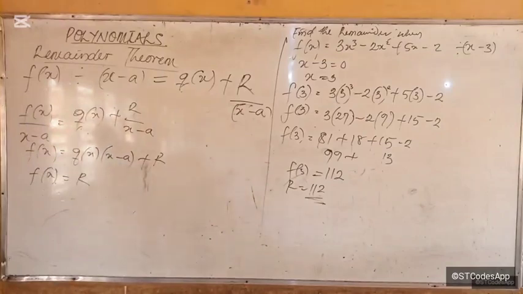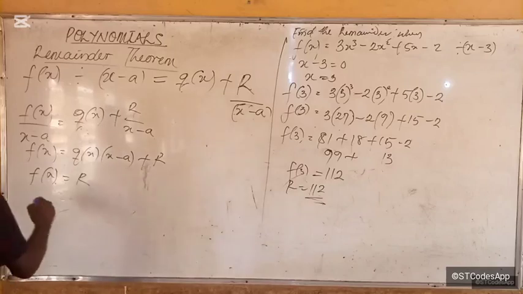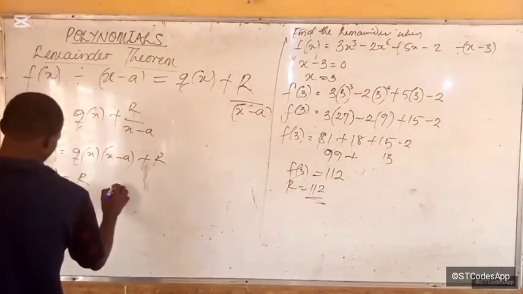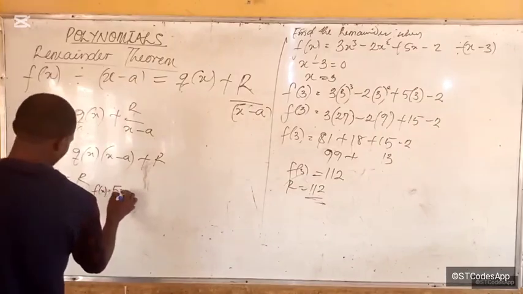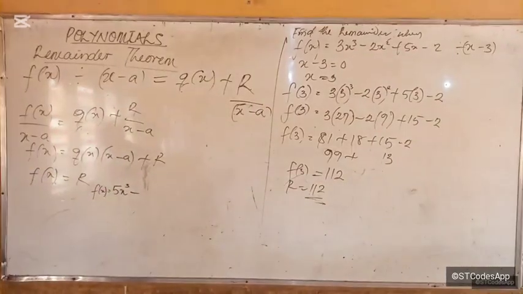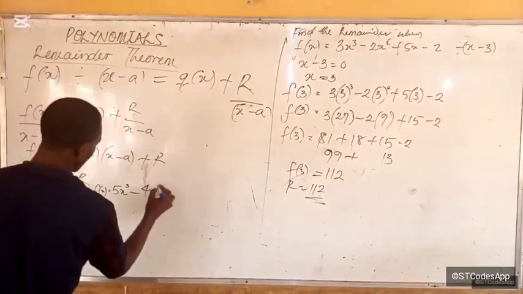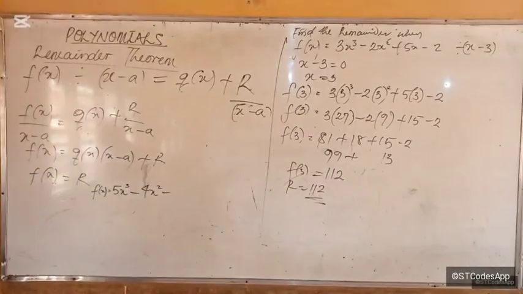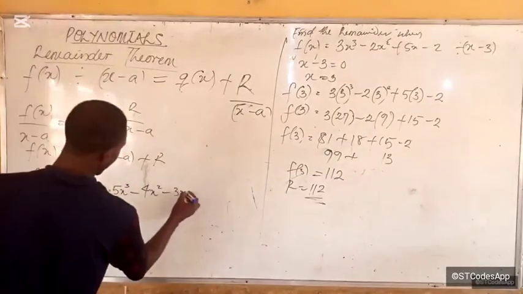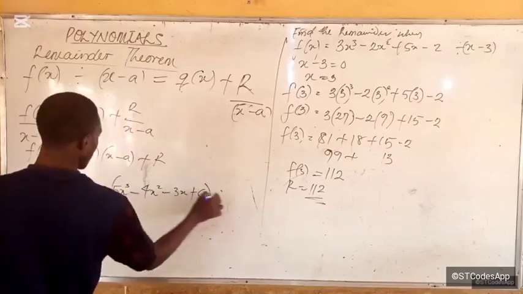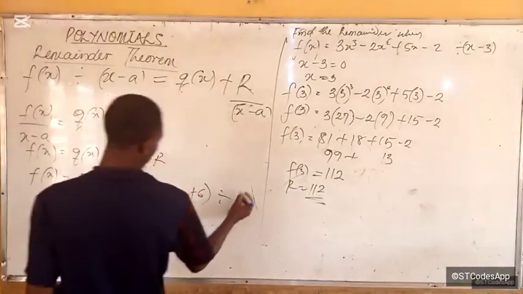It says find the remainder when f of x is equal to 5x cubed minus 4x squared minus 3x plus 6 is divided by x minus 2. So this is a JAMB question.